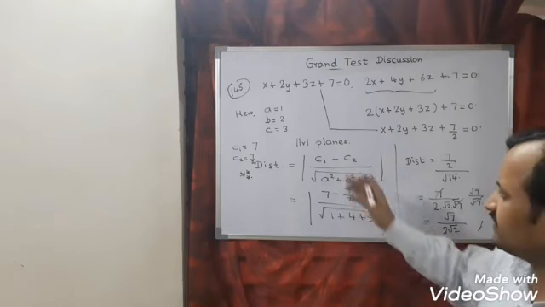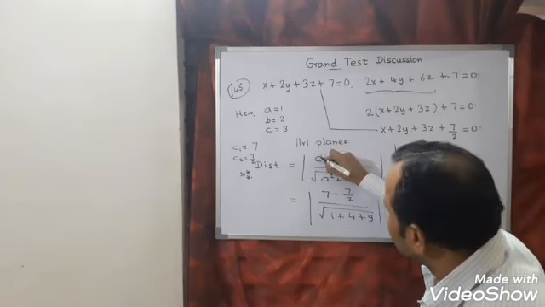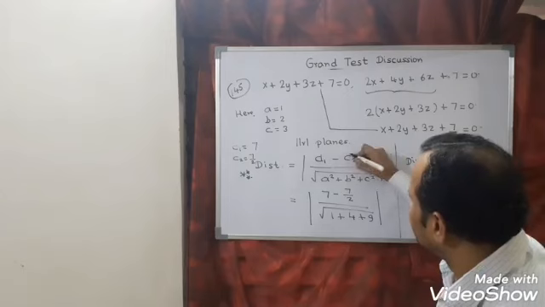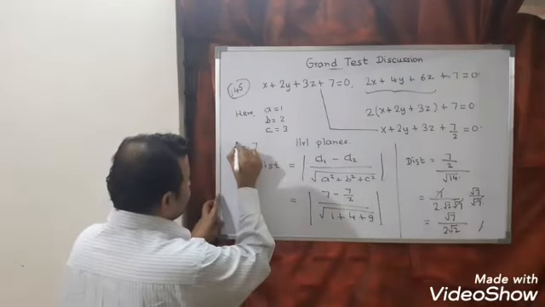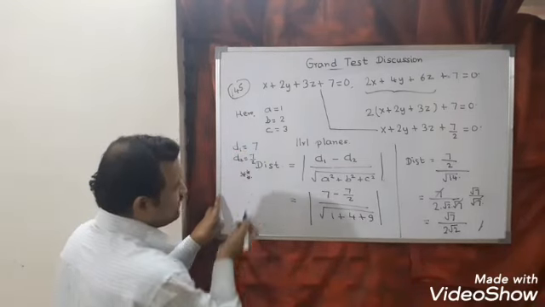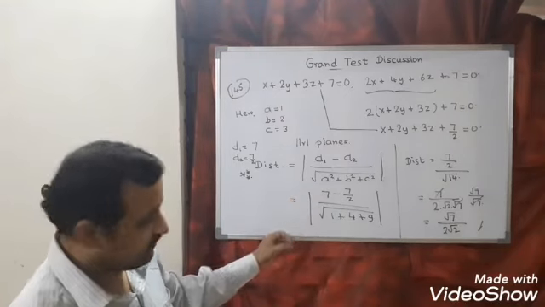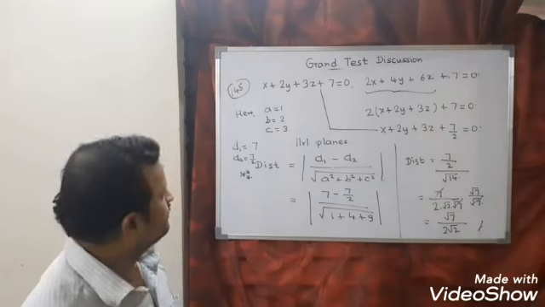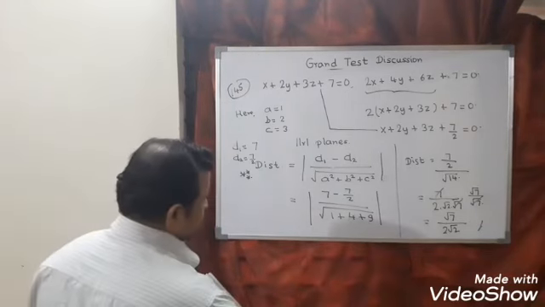Or in place of C1 minus C2, you can take D1 minus D2 also, where D1 is equal to 7 and D2 is 7 by 2. You can apply this in the formula, the answer will come. Is it clear? Next question, question number 146.